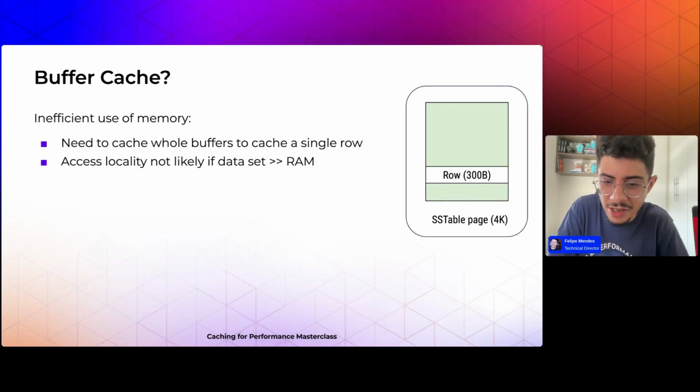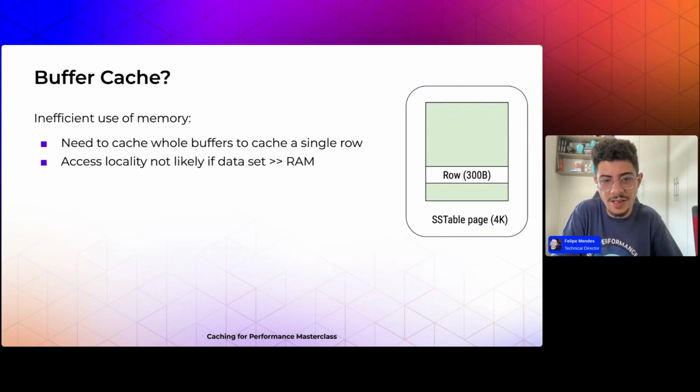Database users often store data sets much larger than RAM, which means that access locality is also very unlikely. Access locality, in case you are not familiar with this term, is basically the likelihood of successful read operations actually being in your cache. So if you end up in a situation where you don't have access locality, you have bad latencies.